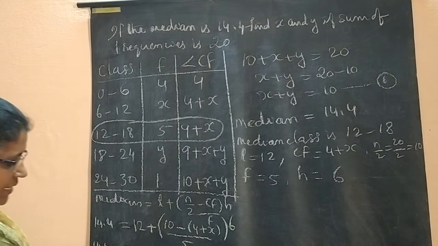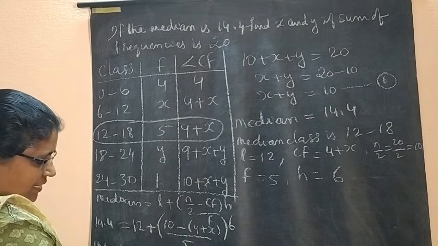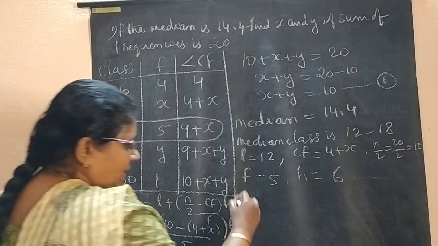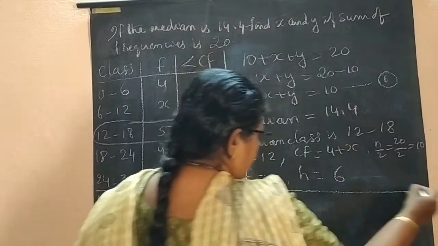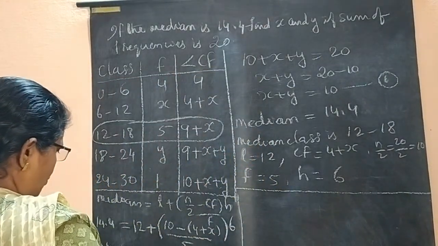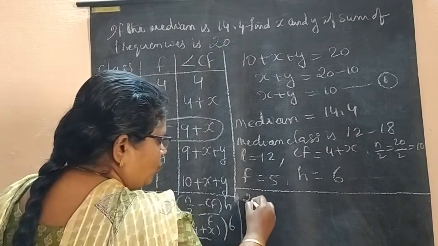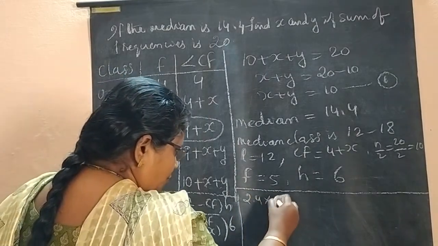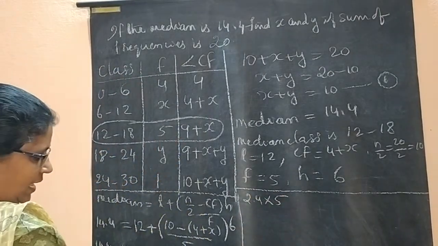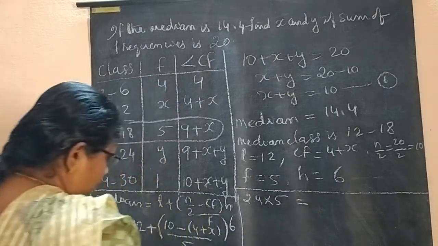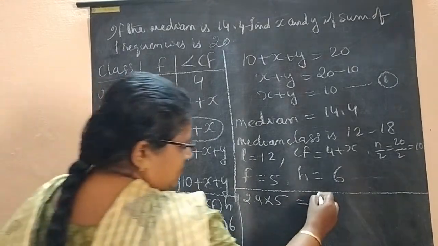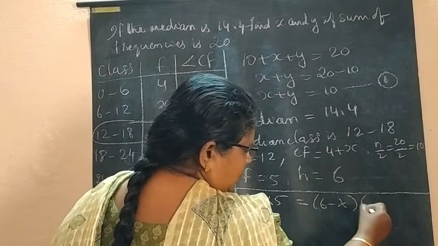Okay, so 10 minus 4 is 6, (6 minus x) by 5 into 6, so we are getting, I am writing here, 2.4. 2.4 into 5, I am cross multiplying, is equal to this one, 6 minus x into 6.